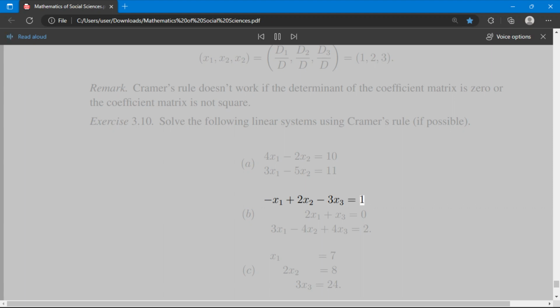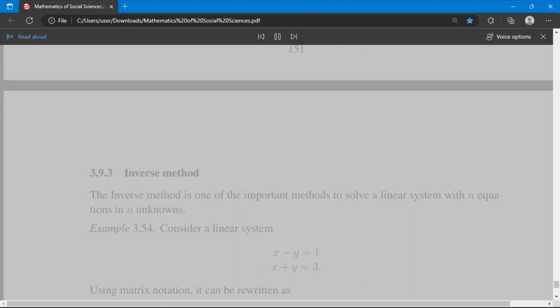B. x1 + 2x2 - 3x3 = 1, 2x1 + x3 = 0, 3x1 - 4x2 + 4x3 = 2. C. x1 = 7, 2x2 = 8, 3x3 = 24.